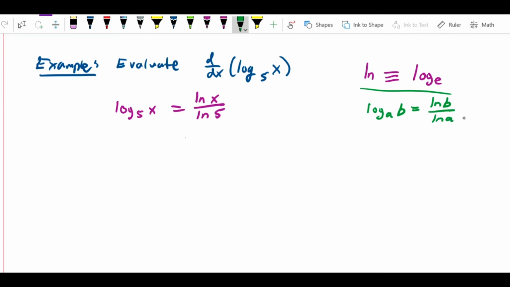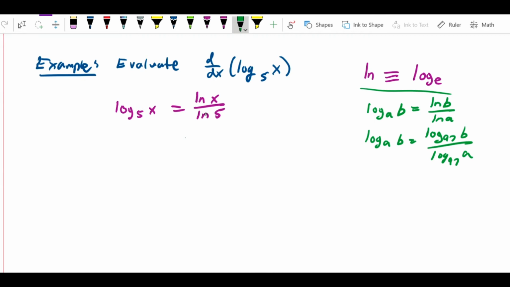And by the way, this works with any base, so I could say that log base a of b is also equal to log base 97 of b over log base 97 of a. So if for some reason I really wanted to know what log base a of b was in terms of log base 97, I could use the exact same formula. It's just going to turn out to be easier to convert to natural log because we already know what the derivative of natural log is.